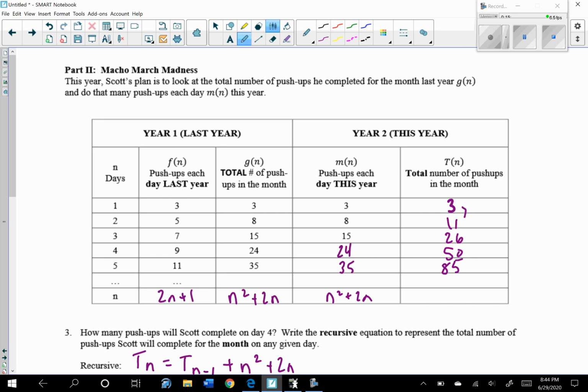This would be 11 minus 3 is 8, 15, 50 minus 26 is 24, and 35. And then if we subtract again, we get 7, 9, and 11. So those are not the same. So if we subtract again, we get 2, and this would also be 2. So that means this is the third difference.